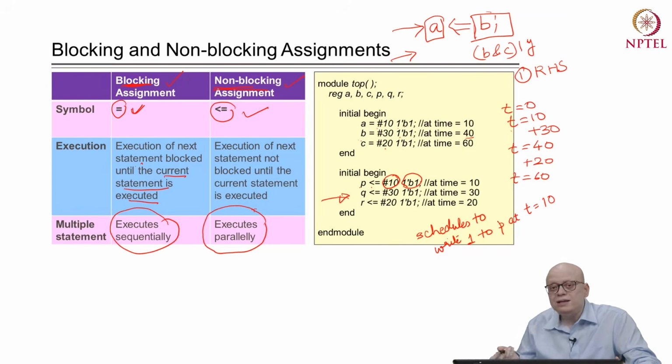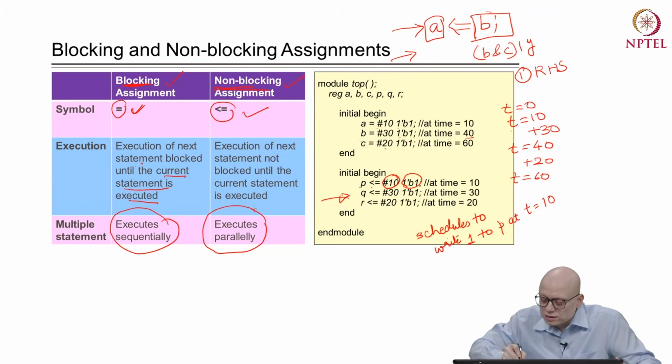It does not wait till 10 time units and till the LHS is updated, right. When it goes to the next statement, it says that okay, the RHS is 1'b1, meaning that it is 1, right.